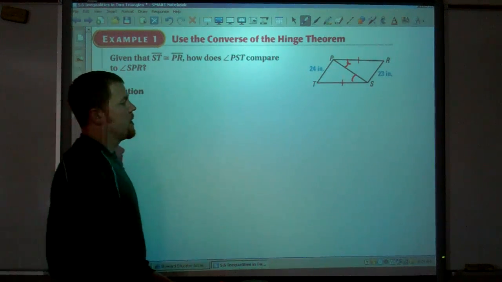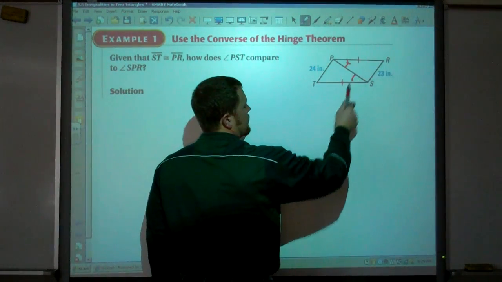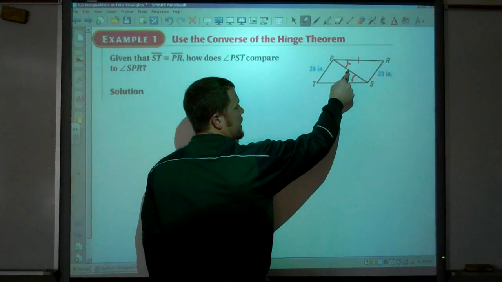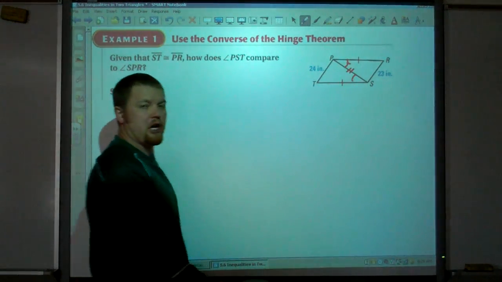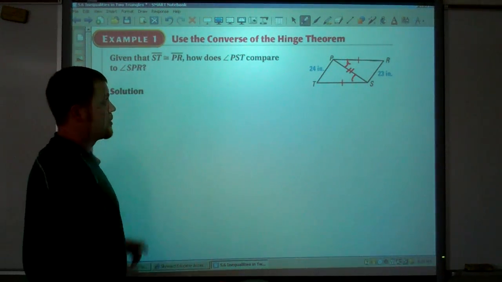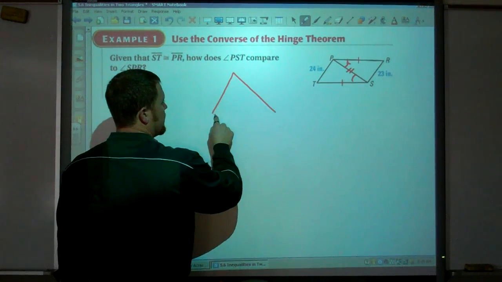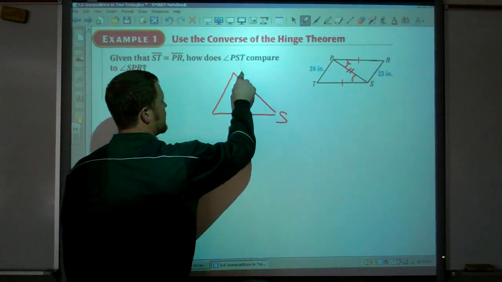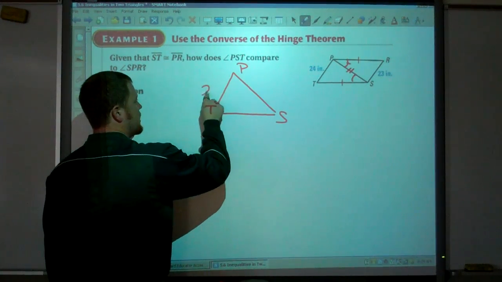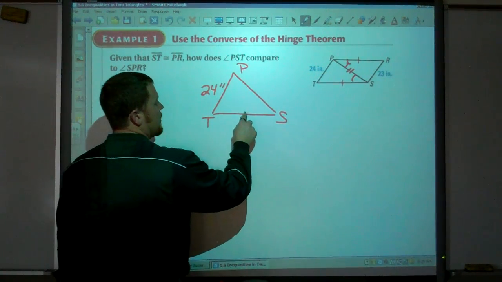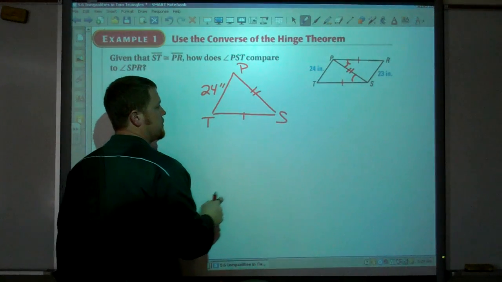Well, we know these sides are congruent, we're given that. We also know that the two triangles are sharing that side. So if I draw them in corresponding position, we have SPT, that's 24 inches. That side and this side are congruent.